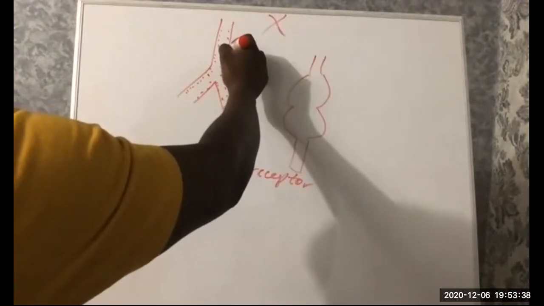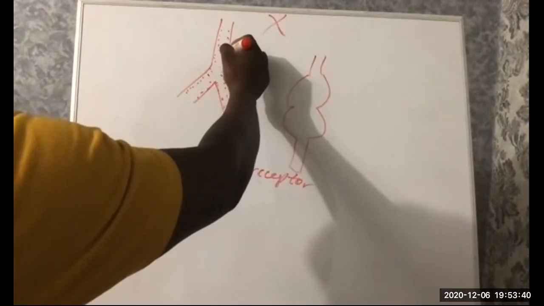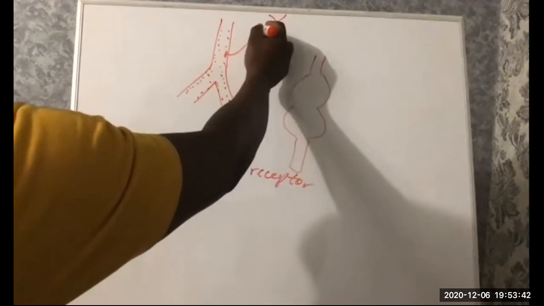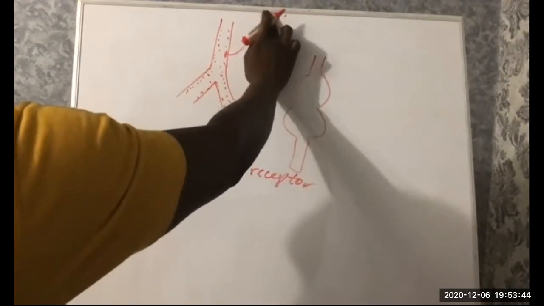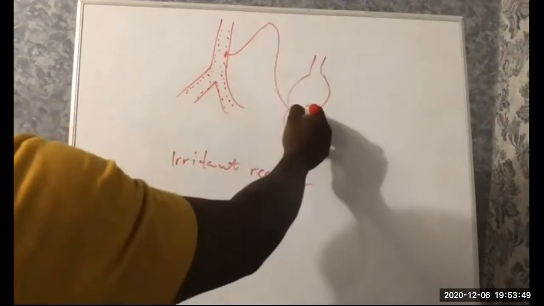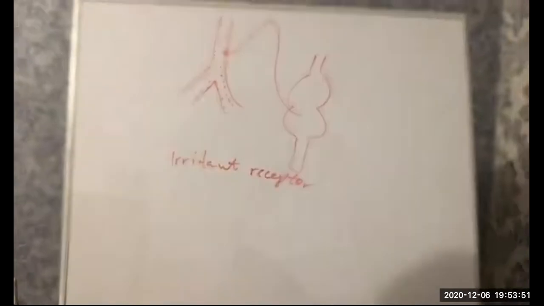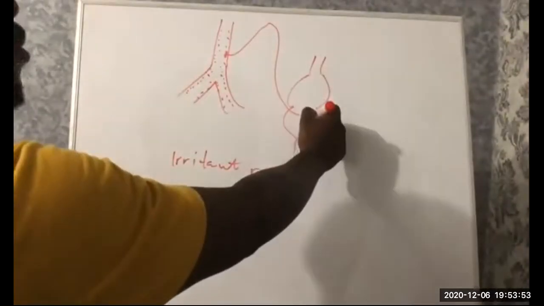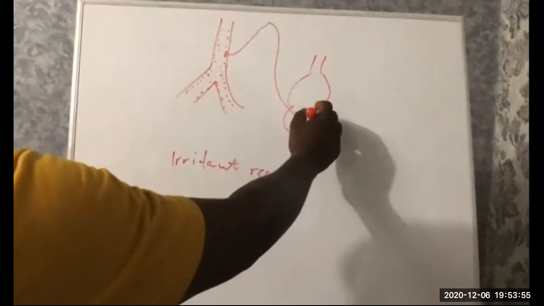These irritant receptors will stimulate the laryngeal nerve, which is a branch of cranial nerve 10, vagus. Then that information, this is the afferent pathway, will be sent to the medulla. And then there will be descending fibers, which is the efferent pathway.